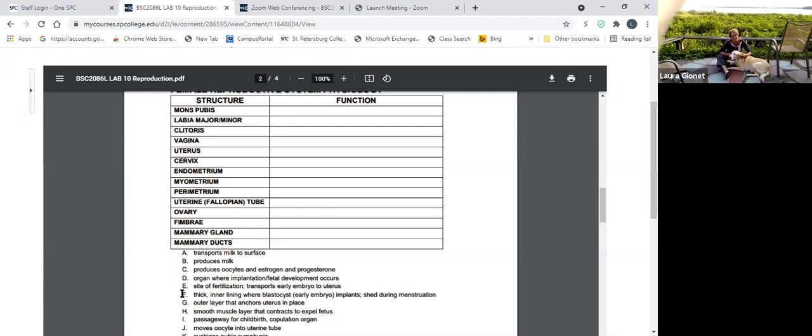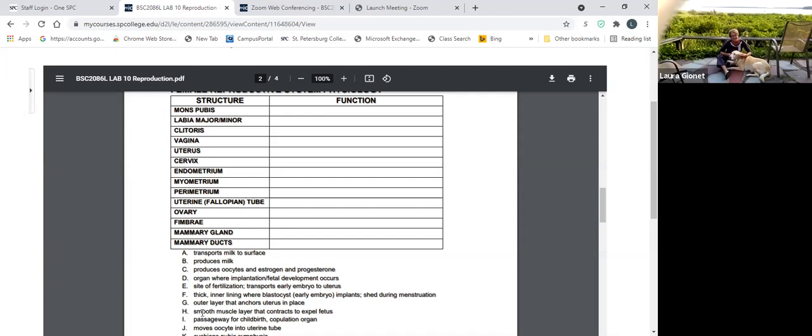F, thick inner lining where the blastocyst, the early embryo, implants, but also the layer that sheds during menstruation. That is the endometrium. G, the outer layer that anchors the uterus in place. That would be the perimetrium. And H, the smooth muscle layer that contracts to expel the fetus. That's the myometrium.